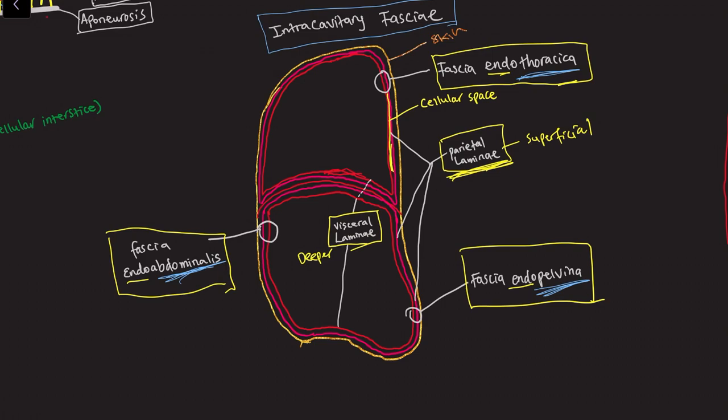Now, between the parietal lamina and the visceral lamina, you find a space. That space is called the cellular space. It's very important to take notice of this space, because it is a potential space, meaning it can be filled with substances.